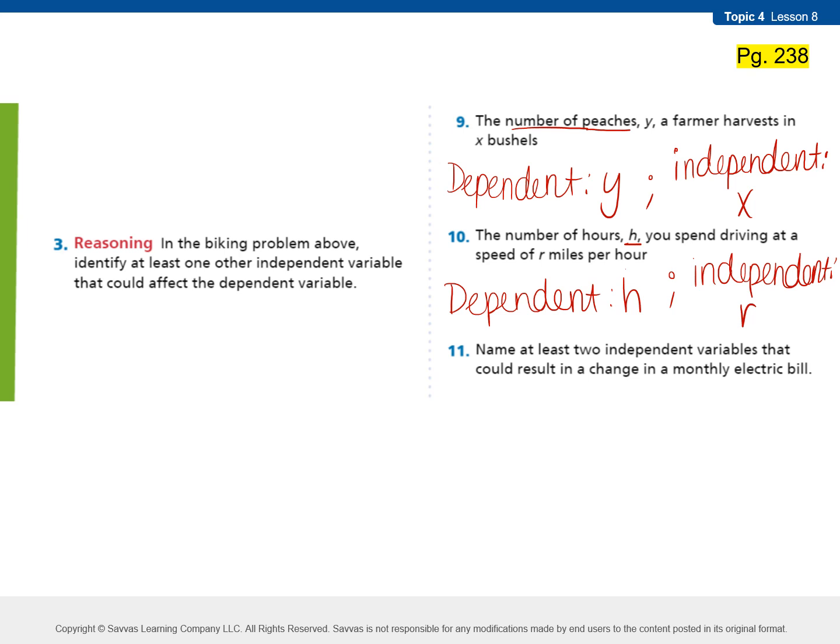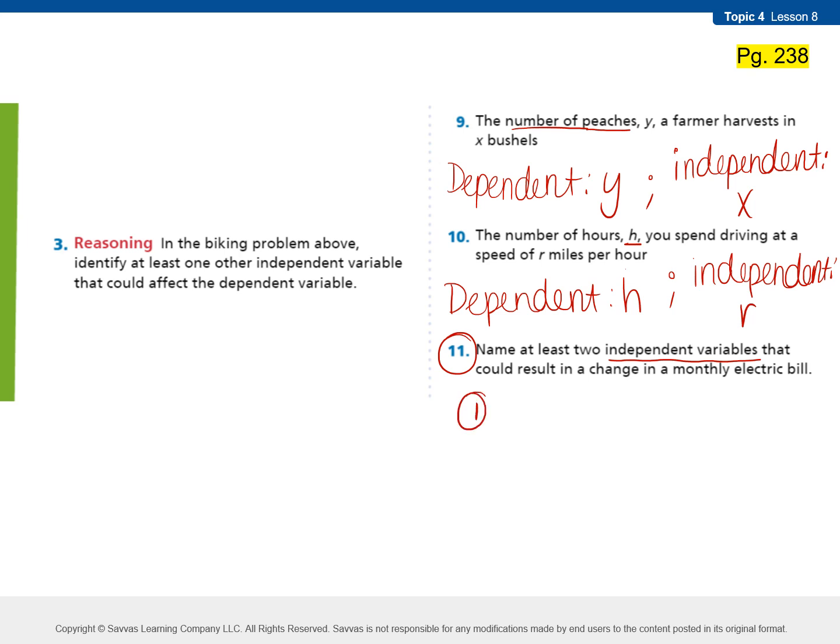Okay, look at number 11. Can you come up with 2 independent variables that could result in a change in a monthly electric bill?